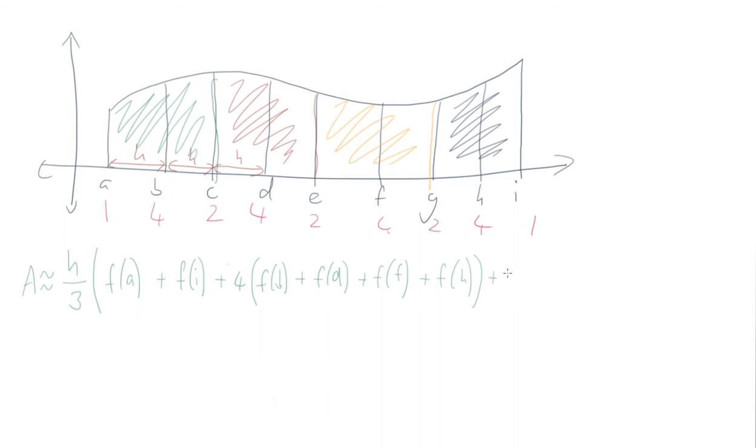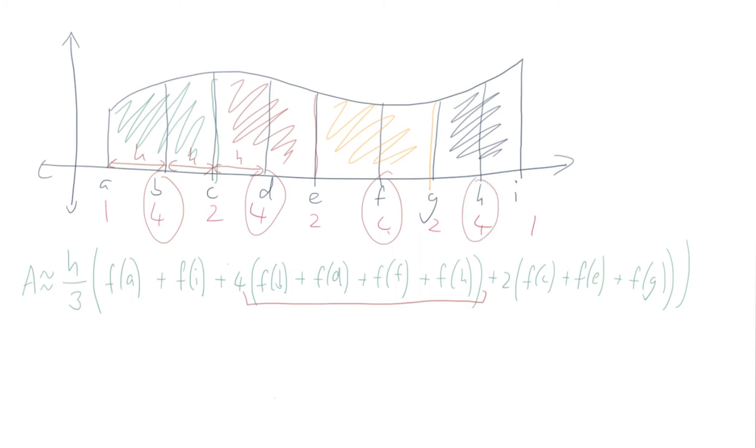And I've got 2 f of c, 2 f of e, and 2 f of g as well. So that will get me my area, my approximation. Obviously, it's quite tedious. Here, I've pulled the 4's out: f of b, f of d, f of f, f of h, and then the 2's: f of c, f of e, f of g.